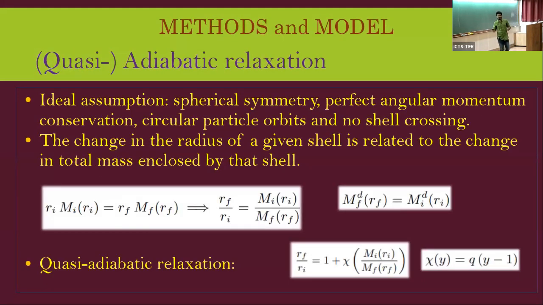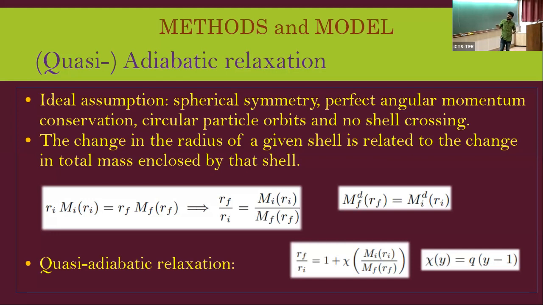Historically, most of the early works, in order to model this contraction or, in general, relaxation, used the simplifying assumptions of angular momentum conservation, circular particle orbits, and no shell crossing. Under such assumptions, if a dark matter particle is at some radius Ri in the dark matter only simulation, then in the hydrodynamic simulation, which includes the effect of galaxy formation, it will go to a radius Rf.